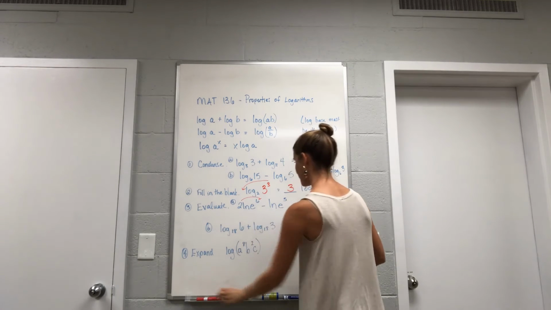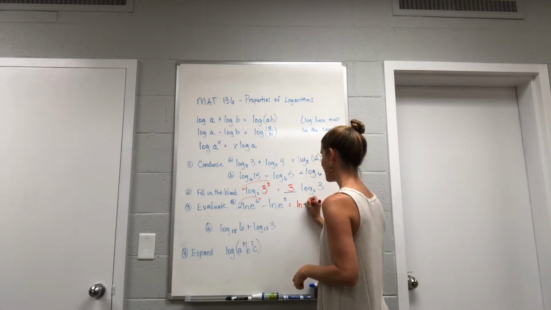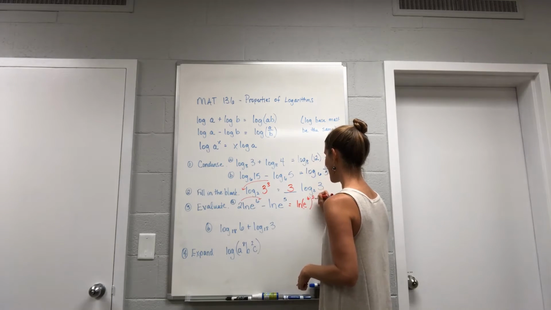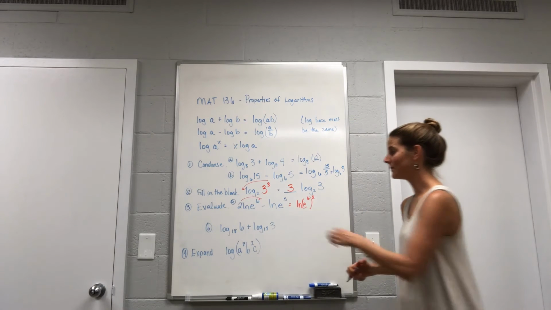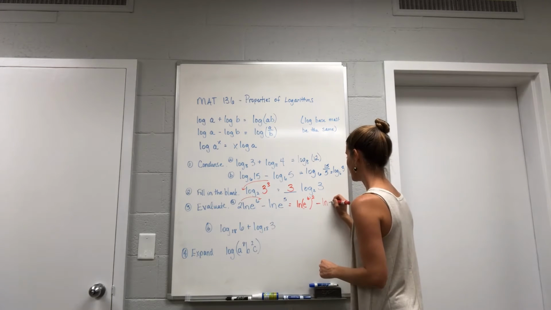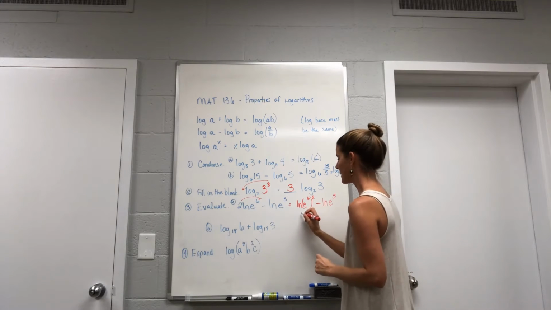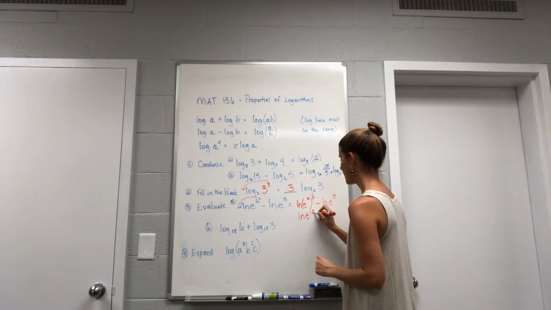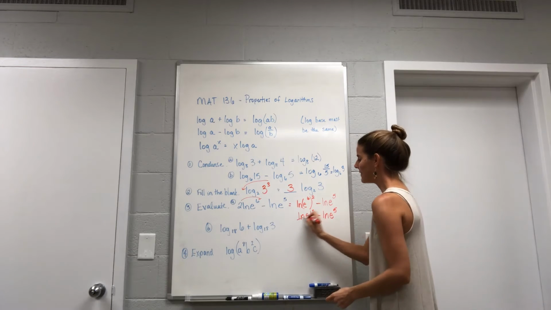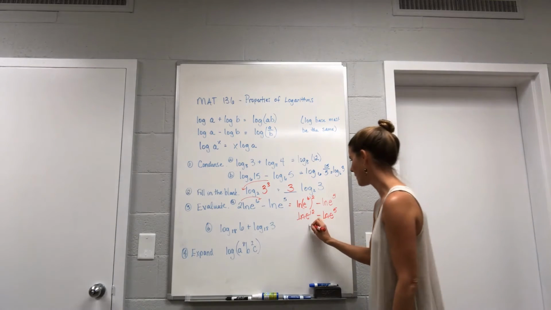So it's going to be ln e to the 6th raised to the 2nd power. So the base is the e to the 6th, but now I'm raising it to the 2nd power, and then minus ln e to the 5. And then I can get this power of a power, so I can multiply those. So it's going to be ln e to the 12th minus ln e to the 5th. And then ln e, that just cancels out because ln is the inverse of e to a power. So we just get 12 minus 5 here.